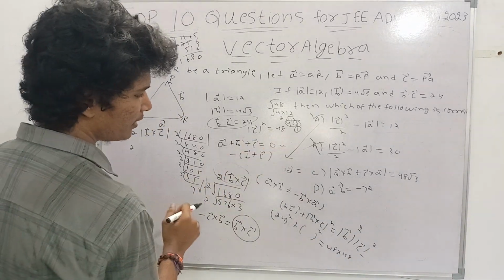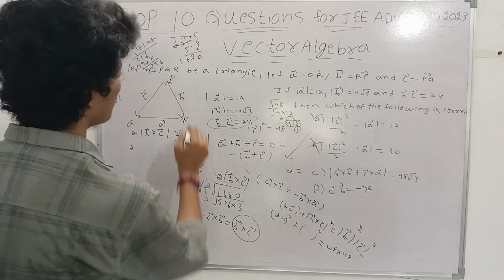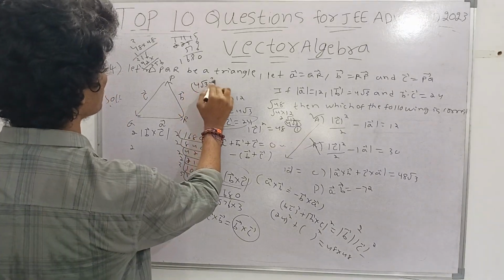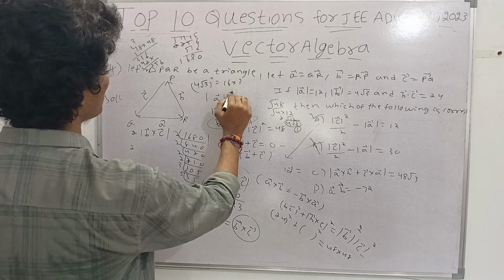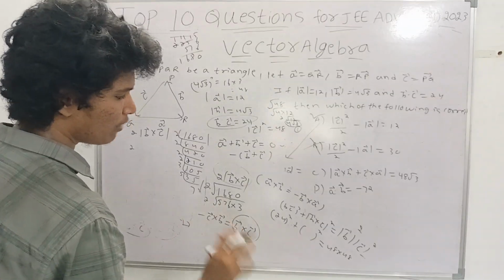Mod C square we got 48. Yes, it is okay. But 4 root 3 square, how much is it? 4 square is 16, 16 into 3 it is 48. 48 into 48 we have to do.